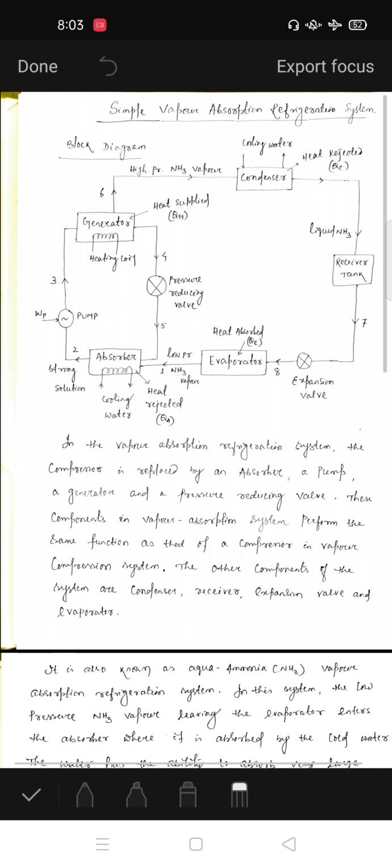Only the compressor is replaced by generator, pump and absorber. You can see the diagram here. This one is your evaporator, where heat is absorbed, and let the heat absorbed be QE. And here it is your condenser.